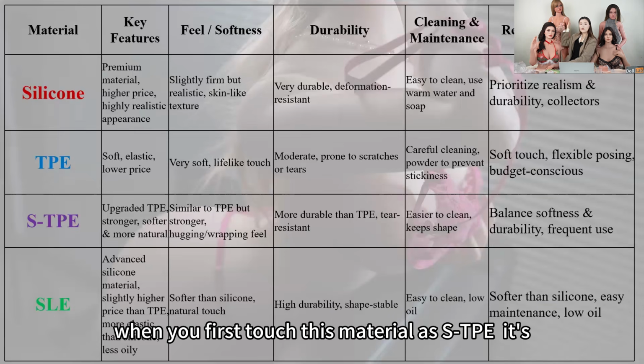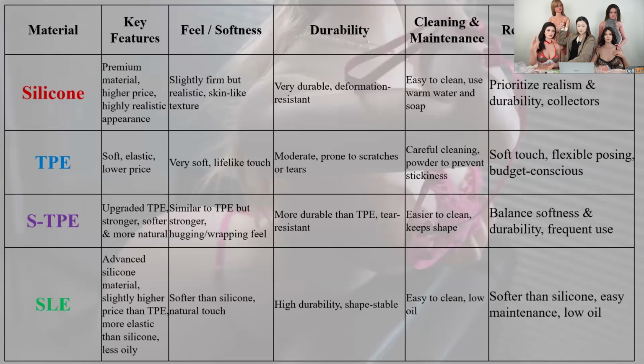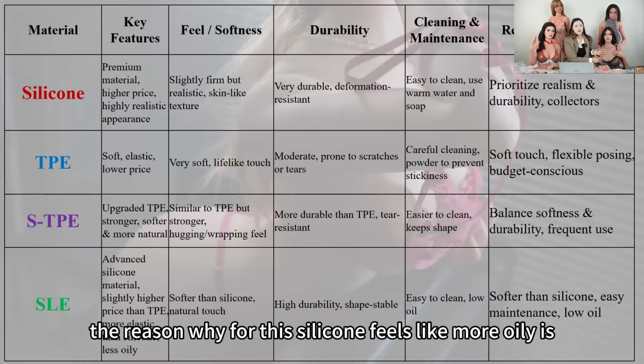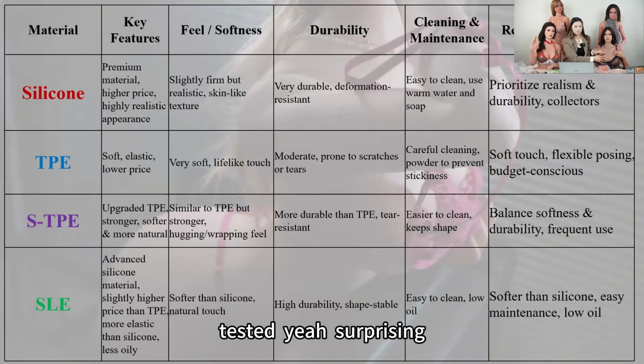Like what I said, when you first touch this material, STPE, you have a very smooth and clean feel. Very smooth and clean feel. The reason why this silicone feels more oily is because she is softer than most of the silicone materials I've tested.